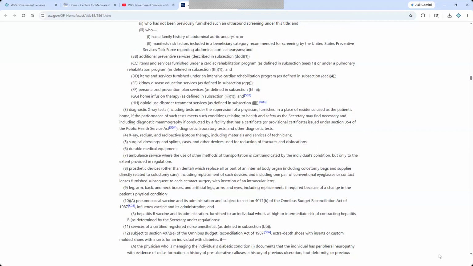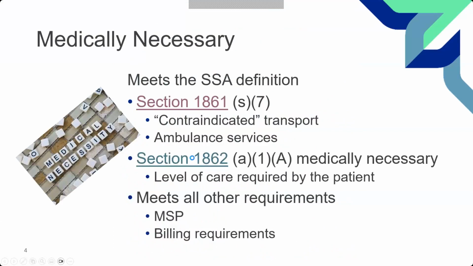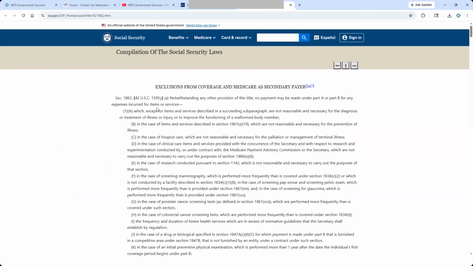Now you can do the same thing if you want easy access. You can jump back and sort all the way through this, or if you're back on my slide deck, you can simply select 1862 and then A1A is super easy. A, notwithstanding any other provision of this title, 1A, which excepts.